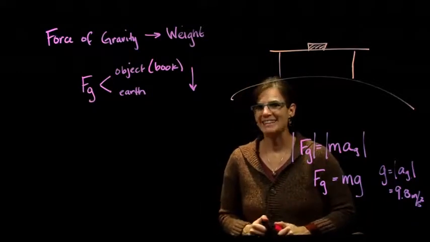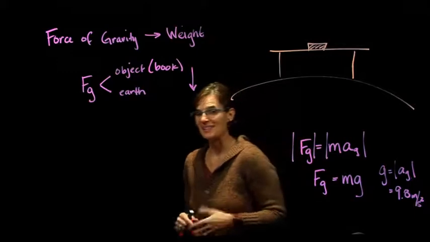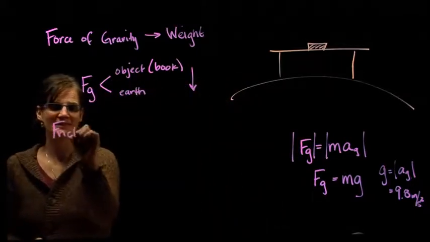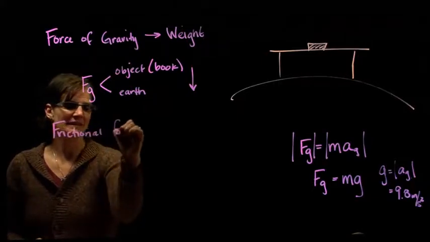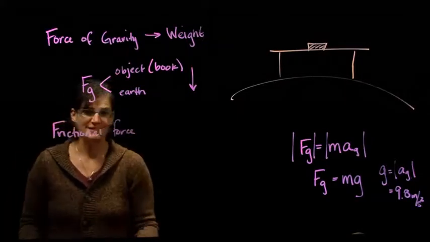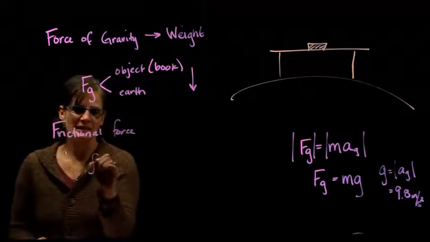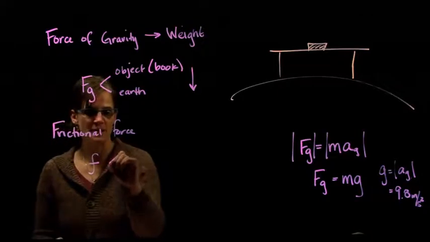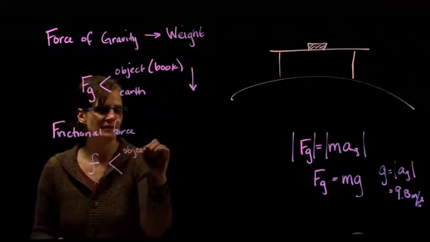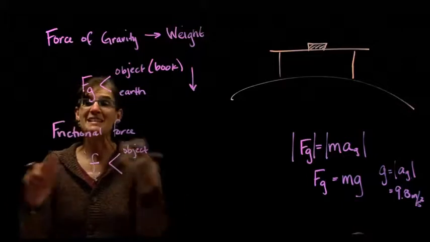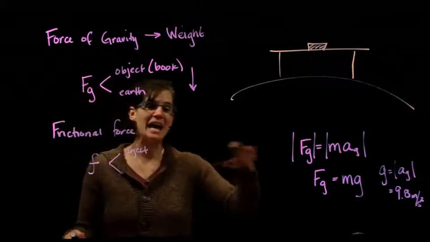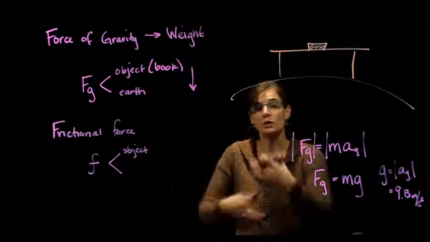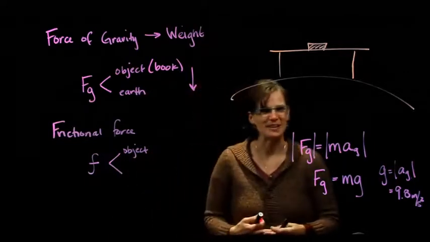All right. Another force that we're going to be thinking about is a frictional force. Friction, we utilize this curly F. Friction is usually between the object and the material that the object is sliding along if we're dealing with one type of friction, or rolling along if we're dealing with another type of friction.